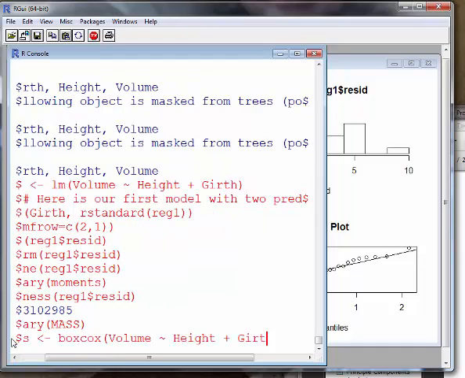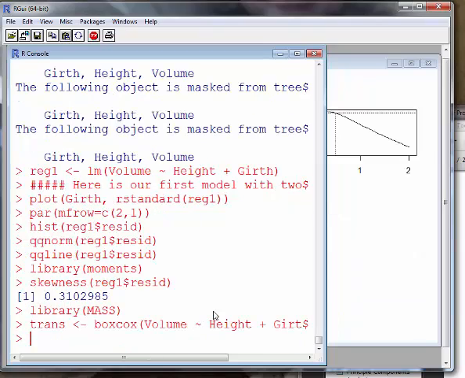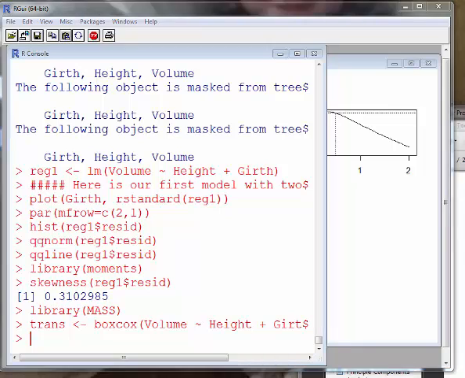I'm going to use this automated Box-Cox function to find that value of lambda that maximizes the log likelihood function. I'm storing my Box-Cox output in this variable called trans, for transformation maybe.